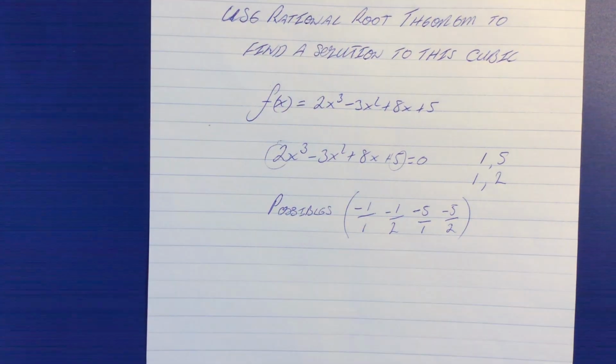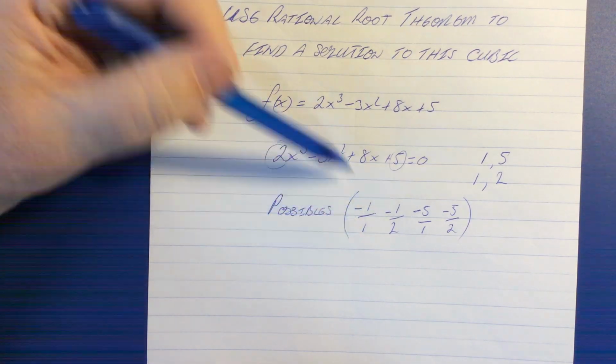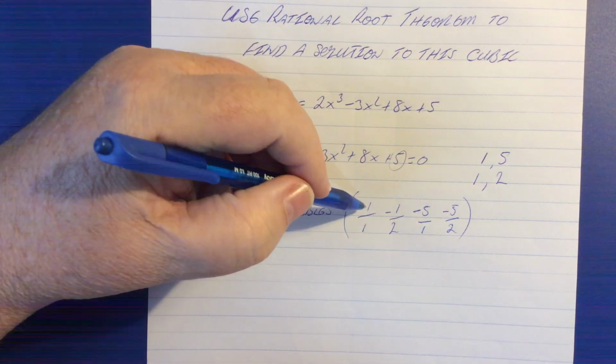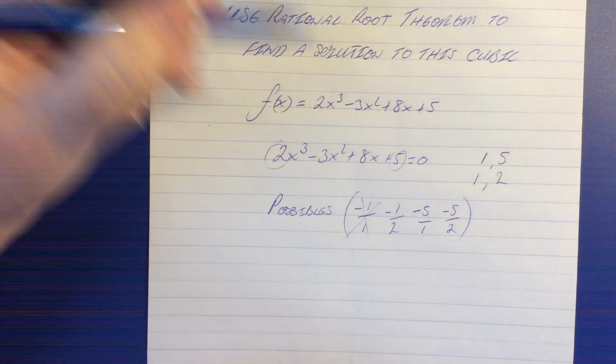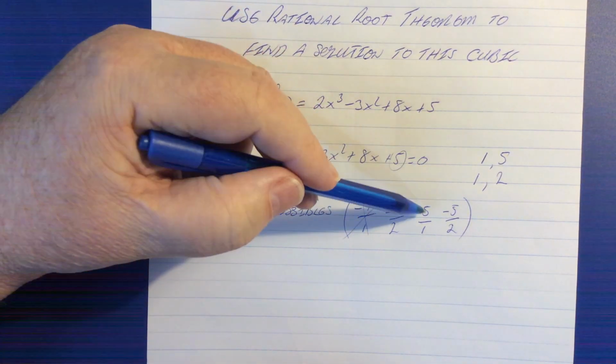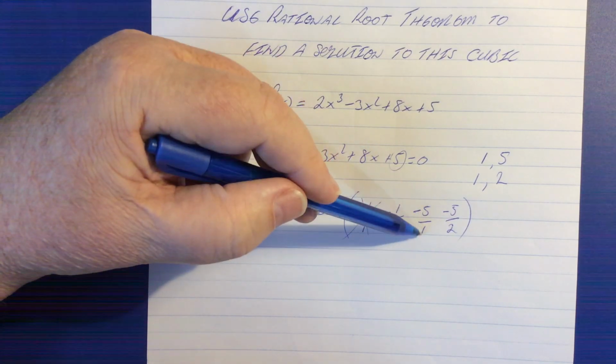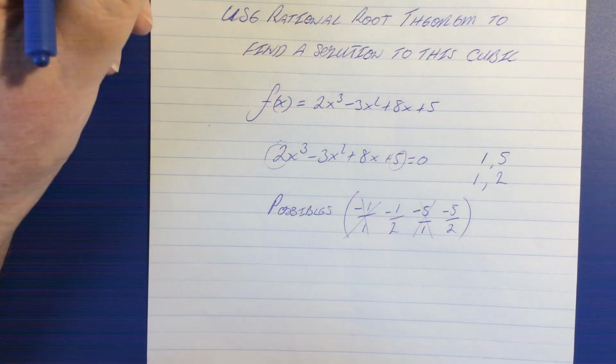Now, what do you do from here? Well, the assumption is that you've already tried 1 and -1, so we'll just write that one off. And if you're particularly daring, you might have got up to, say, -5 and +5, so we're going to write that one off too.